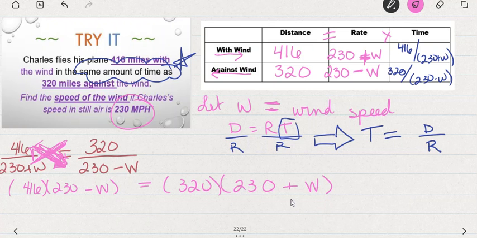I'm going to pull out a calculator here, and if I do 416 times 230, I'm going to get 95,680. And then distribute the 416 to the W. 230 times 320 gives me 73,600.